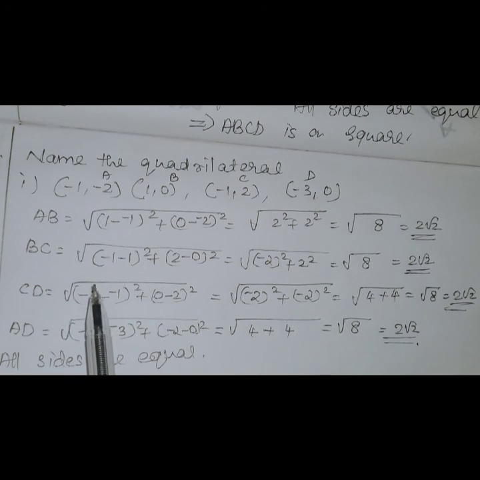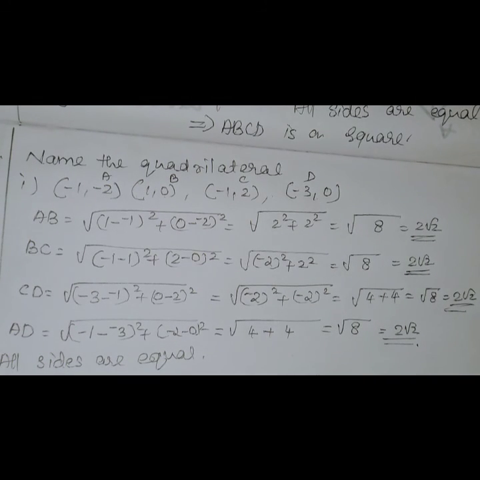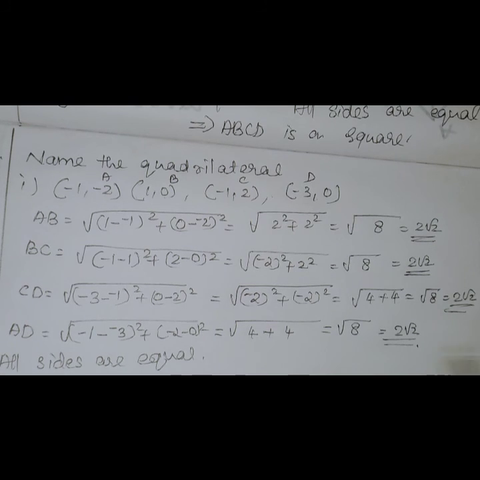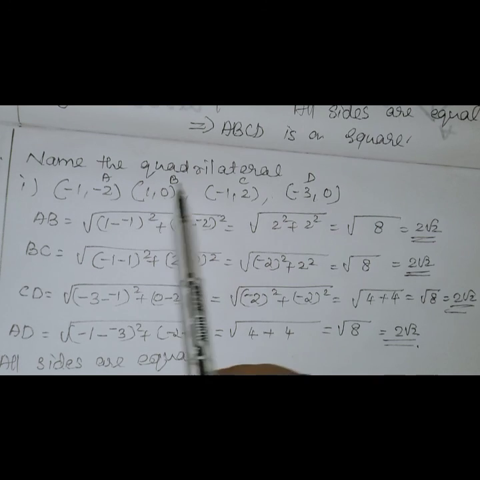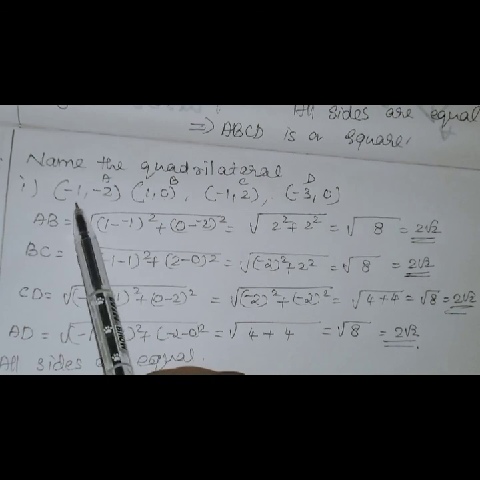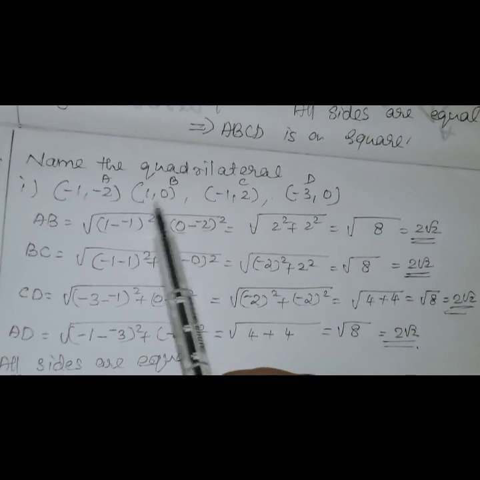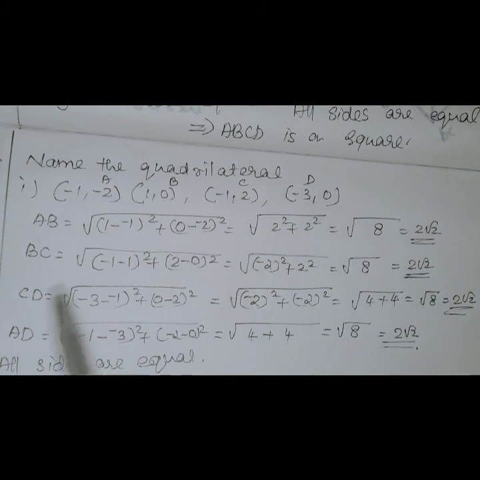Next, we want to find whether the given quadrilaterals are a square or a rhombus. For the first one, the coordinates are A(negative 1, negative 2), B(1, 0), C(negative 1, 2), D(negative 3, 0).